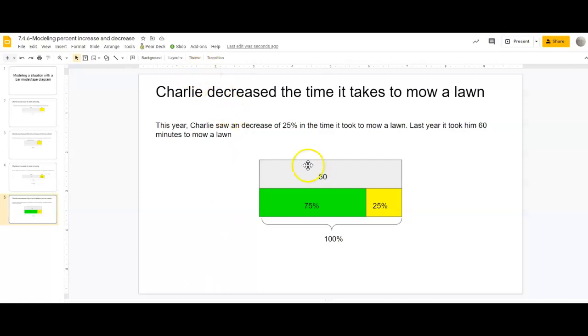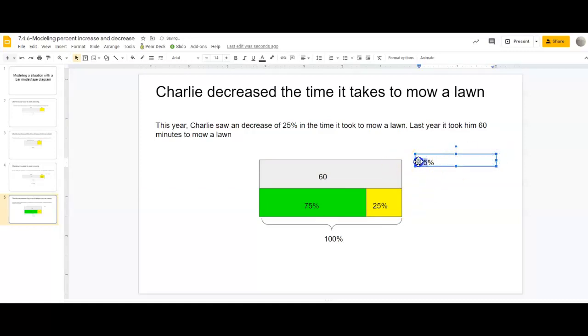So here's what we're going to do. Let's put in an expression here. This shows what we're going to do. So I'm going to say that 25% of 60, right? That's what I'm looking for.